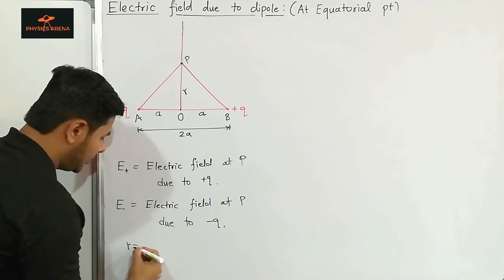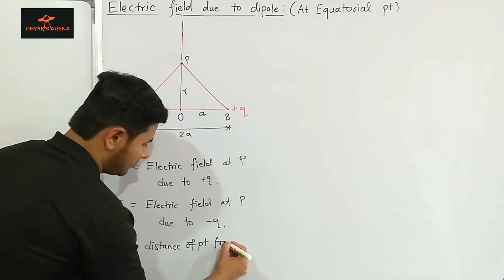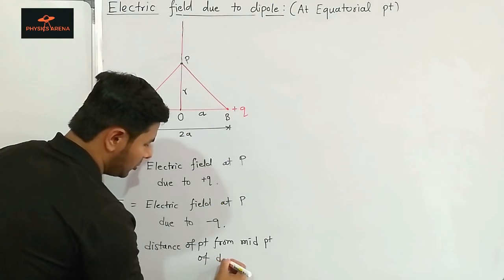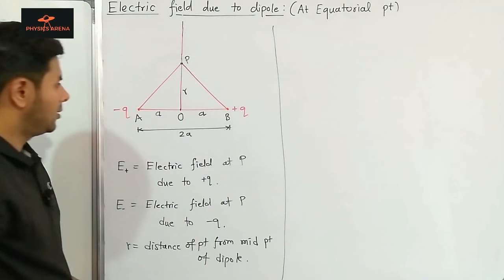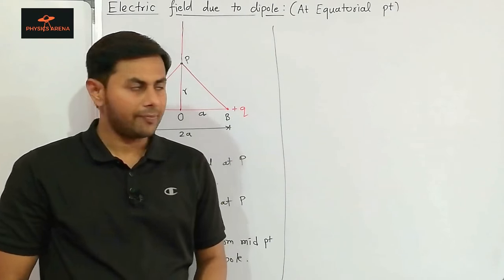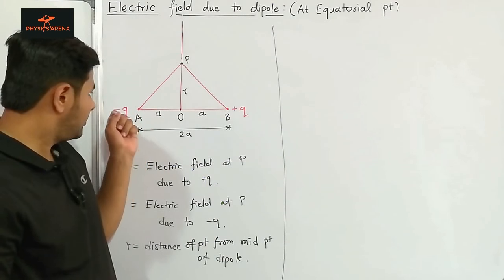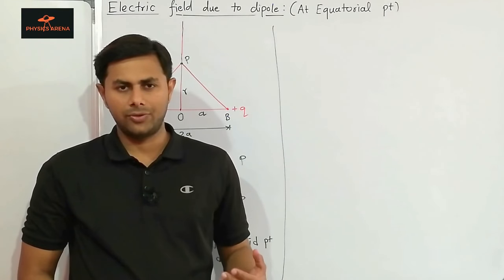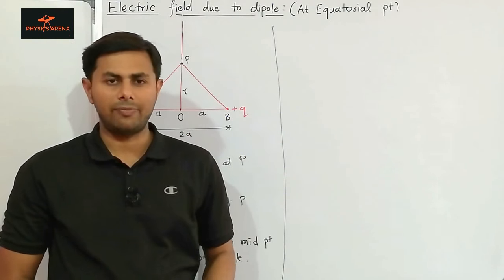So r is the distance of the point from the midpoint of the dipole. Now the magnitudes of these charges are the same, and the point P is at the same distance from minus Q as well as plus Q. So the electric field due to minus Q and the electric field due to plus Q at that point will have the same magnitude.